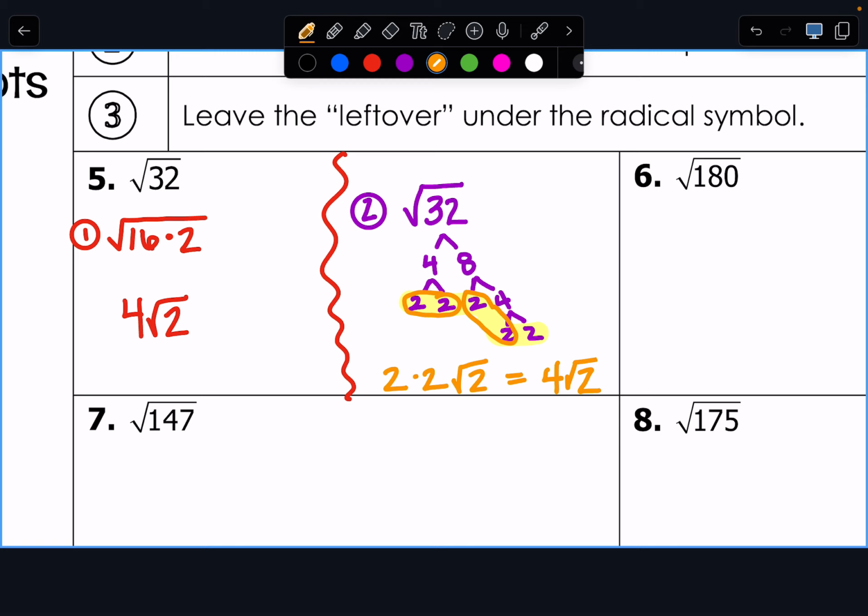Now, this one takes up a little bit more space on our paper, but it's very straightforward. This one, you're going to have to use your brain maybe a little bit more to come up with the biggest perfect square that divides into it. So we're going to do the same thing with 180, and then you're going to think of which way you like better.